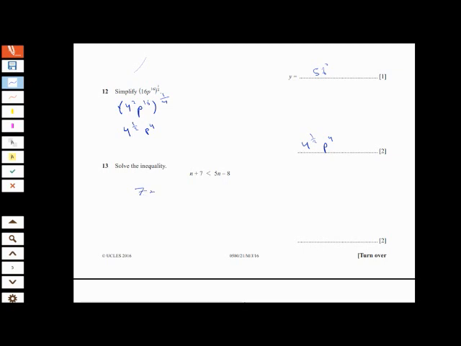So I end up with 7 plus 8 less than 5n minus n. 7 plus 8 is 15 less than 4n. Divide by 4 both sides. You'll get n is bigger than 3.75.